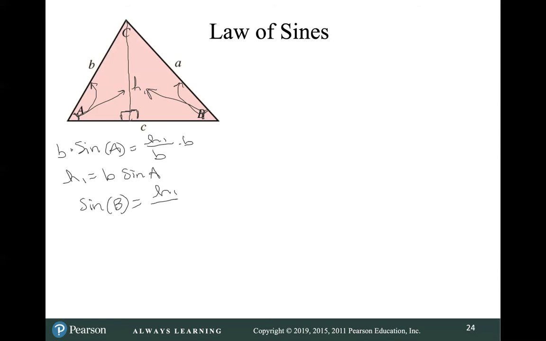The hypotenuse of that right triangle is A. Isolating, H1 equals A times sine of B.